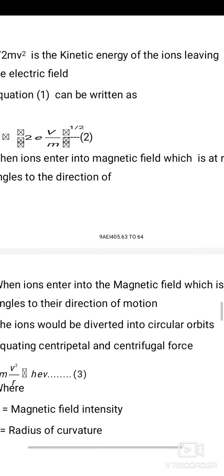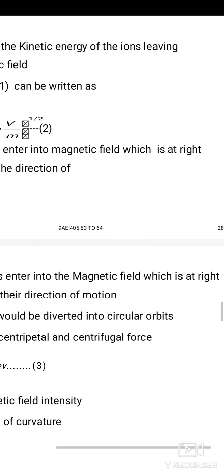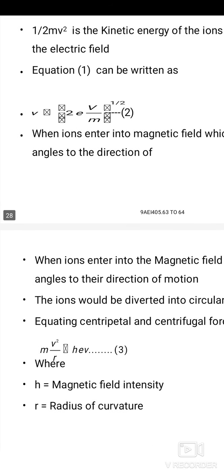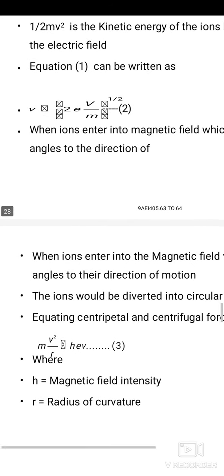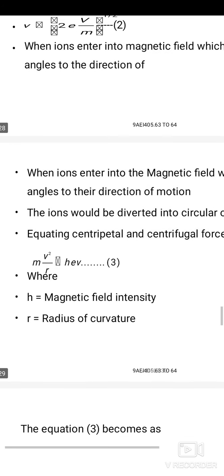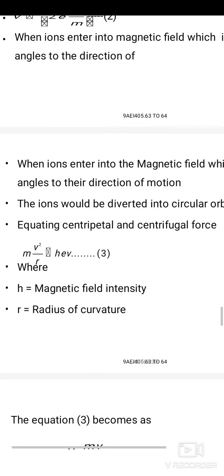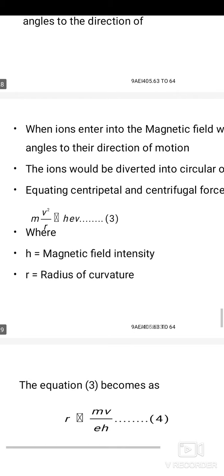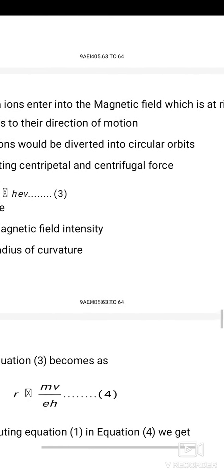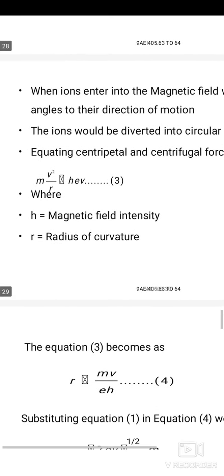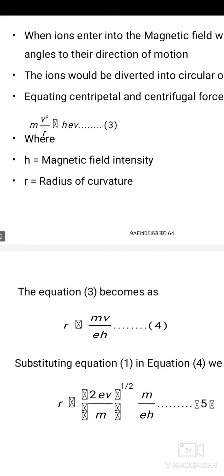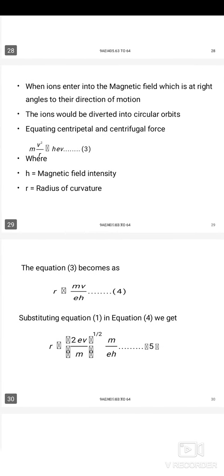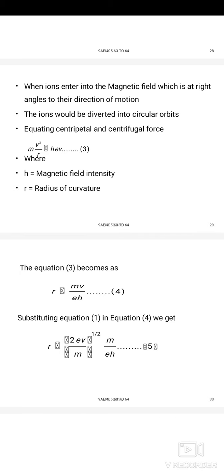When ions enter into the magnetic field, which is at right angles to the direction of motion, the ions would be diverted into circular orbits, experiencing centripetal and centrifugal forces.